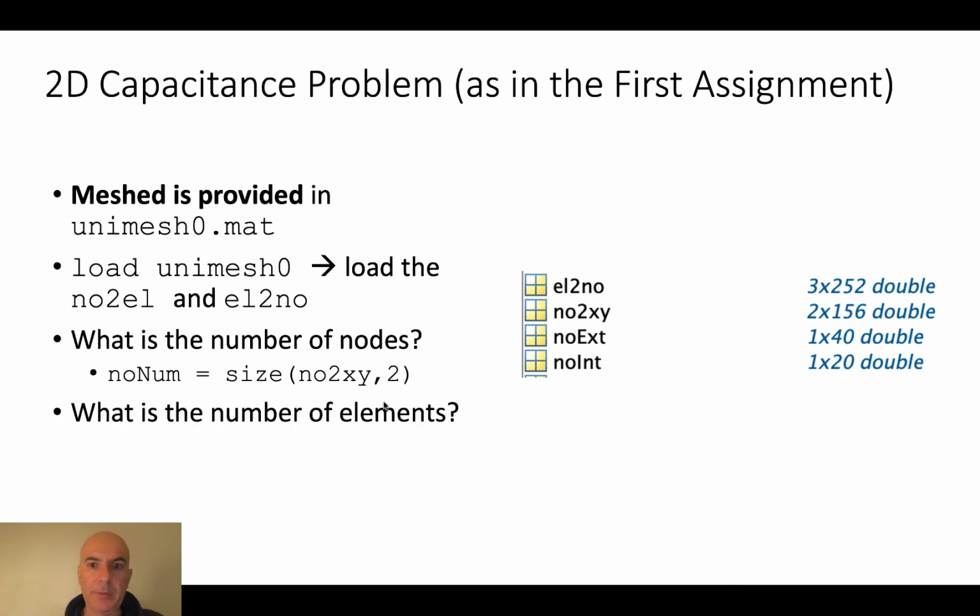What is the number of elements? In this case, we can use the other data structure, element to node, and get the size of the second dimension. In this case, it will be 252. So just to summarize, this mesh is going to have 252 elements and 156 nodes.